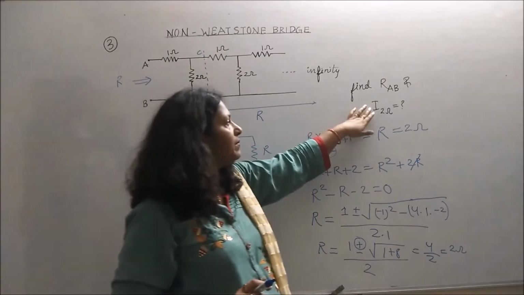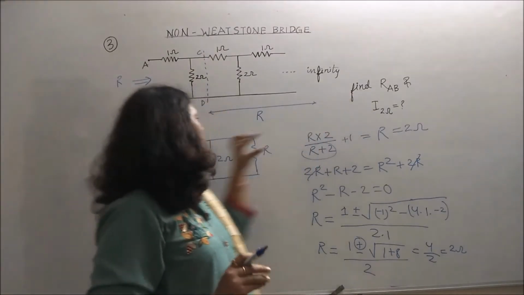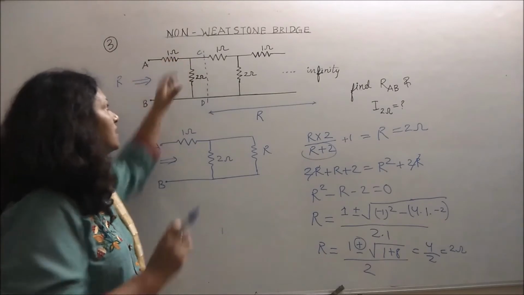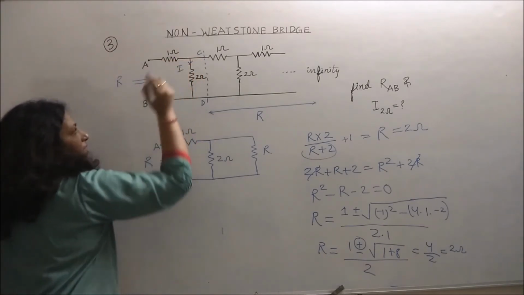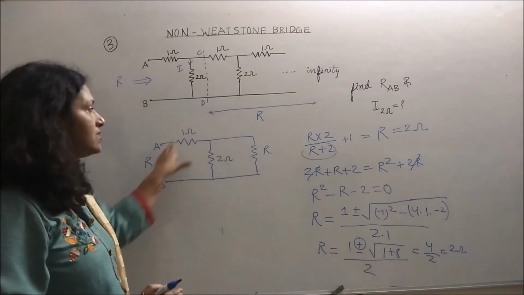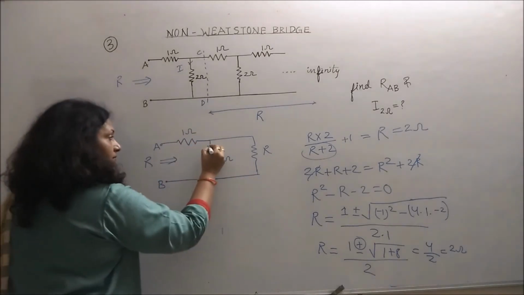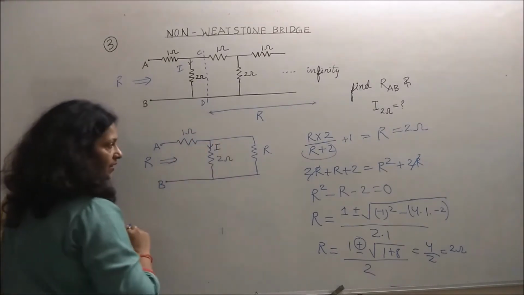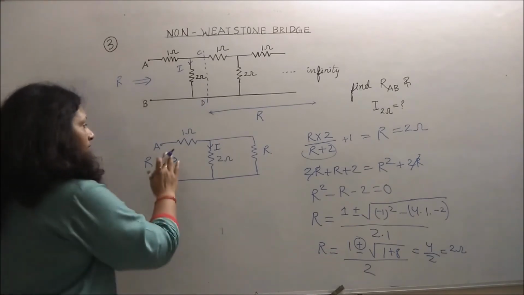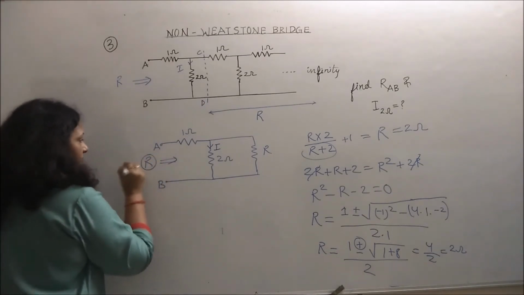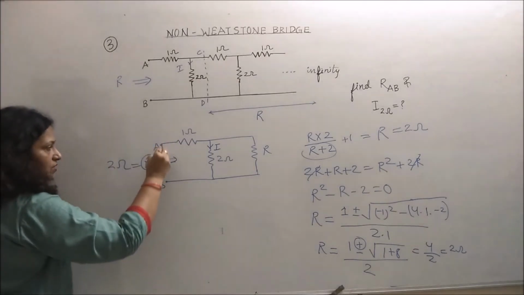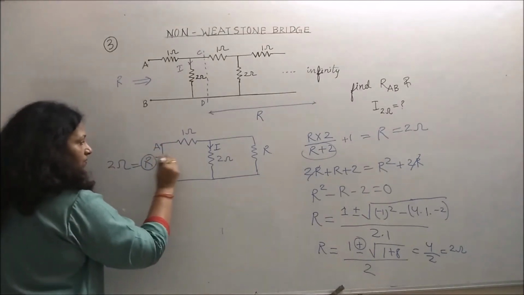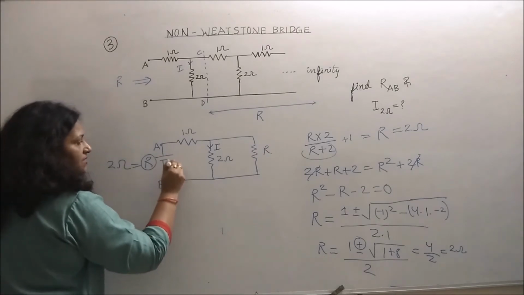Now the second requirement is to find the current through this 2 ohm resistance. In this first 2 ohm resistance you have to find the current. Again use this combination. This is your current I. So your R equivalent here comes equal to 2 ohm, and suppose a battery of 6 volt is applied.